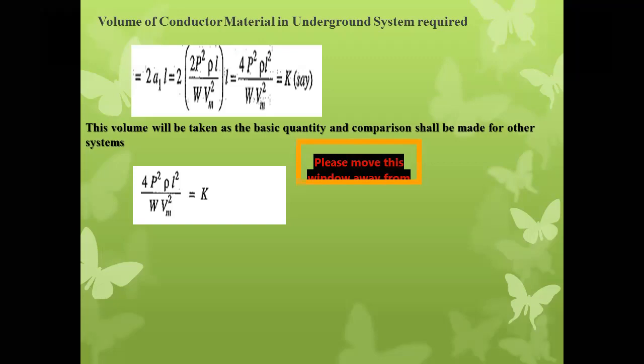In this underground system also we have to consider the 2-wire DC system as a reference, so comparison will be made with the first case. The volume of conductor material required for the 2-wire DC system is K, equal to 4P square rho L square divided by W into Vm square.